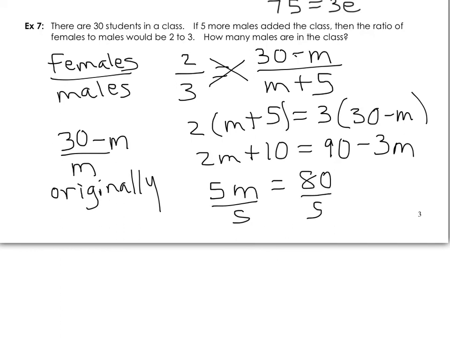Divide by 5. m equals 16. How many males are in the class? 16. How many females? It doesn't ask us to solve for that, but let's think about it. 14. And after you add the 5 males, you still have 14 females, but now you would have 21 males, which gives you a ratio of 2 to 3. That's all for this section.